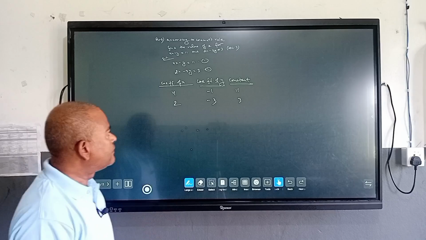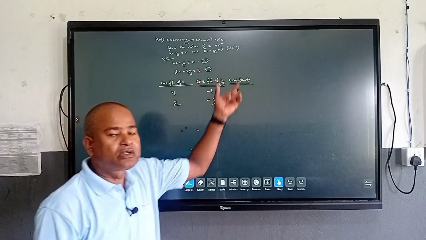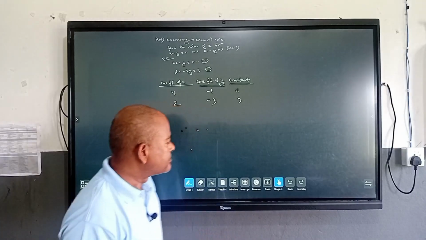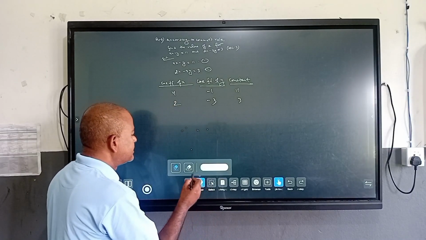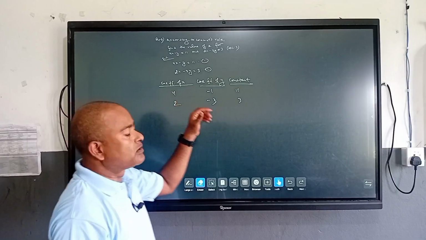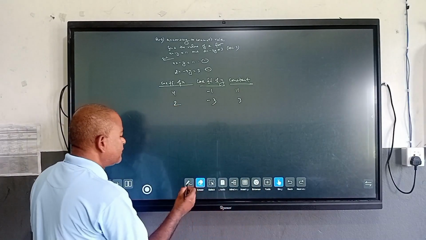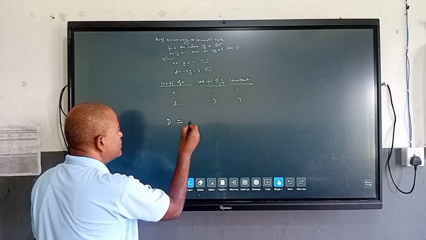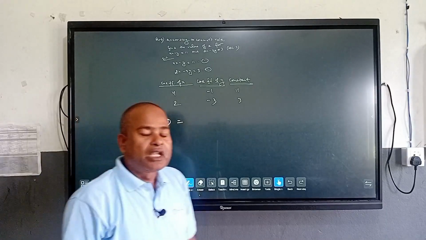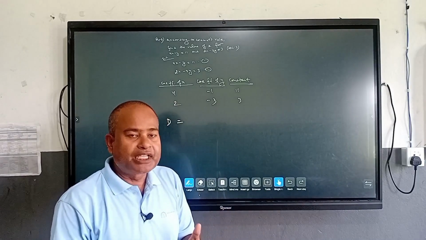So dear students, the first step of Cramer's rule is listing the coefficient of x, coefficient of y, and constant terms. Now we'll find out three determinants. The first determinant is denoted by D. Now we are going to find the determinants D, D1, and D2.